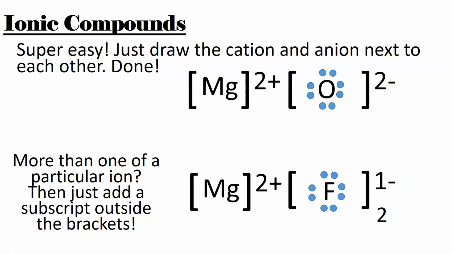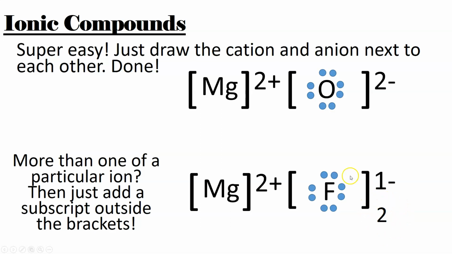But what we're trying to show here is the structure of what's happening, and the structure of what's happening is we have a positive ion and a negative ion, and so we want to leave those charges here.